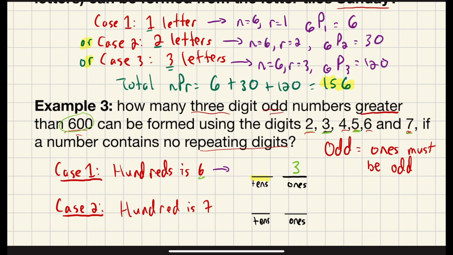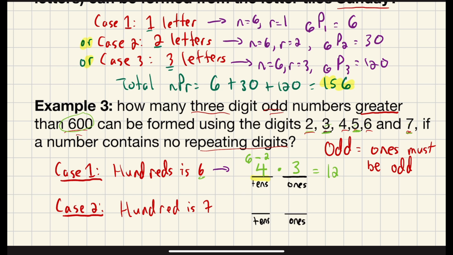So out of the 6 numbers, 6 minus 2 is the number of options for the tens, which is 4. And so we take the possibilities of each event, 4 multiplied by 3, and that gives us 12 possible arrangements.